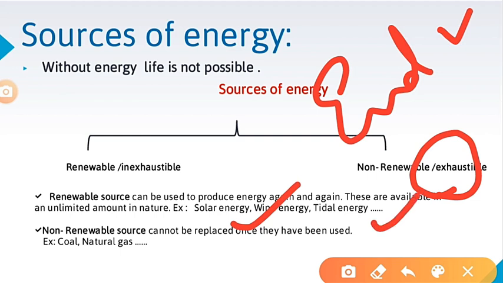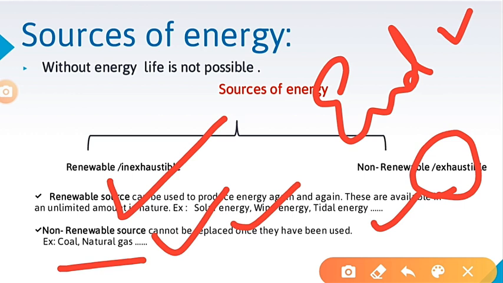It has an end. Once we have used the energy, we cannot produce it again. For example, coal and natural gas are obtained from nature. Once we utilize them, we cannot produce them again from nature. That is called a non-renewable source of energy.